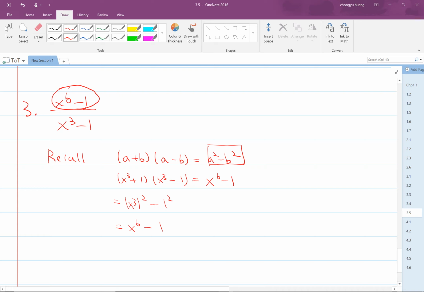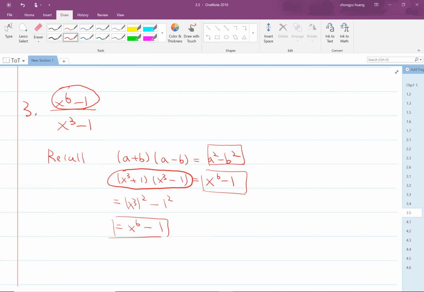Right? So that means it is equivalent, because those are the same thing. So you can factor x to the power 6 minus 1 as x to the power 3 plus 1, x to the power 3 minus 1.